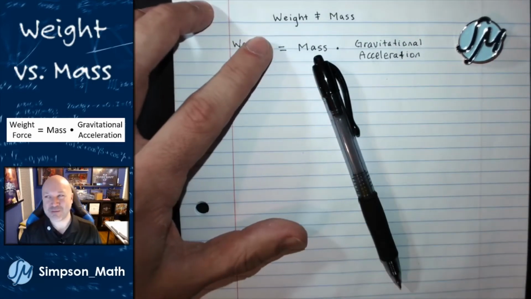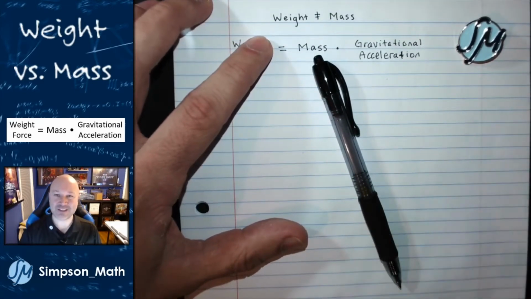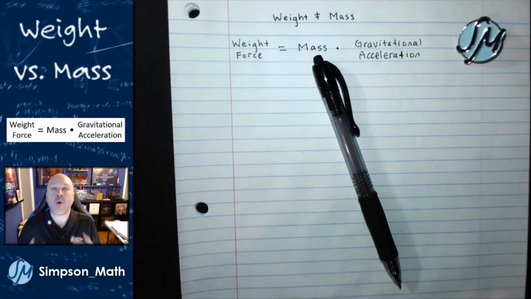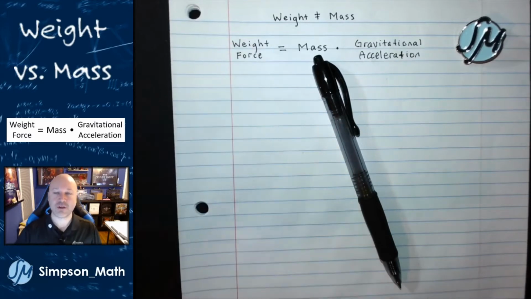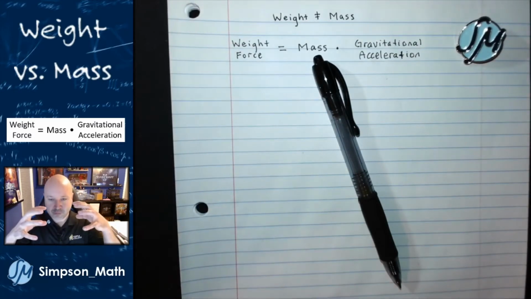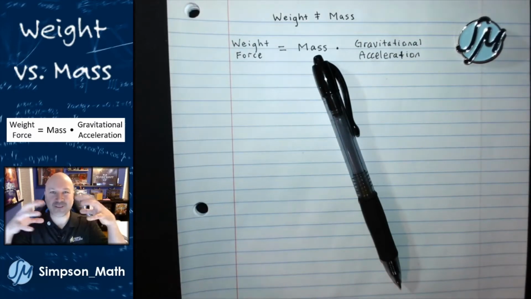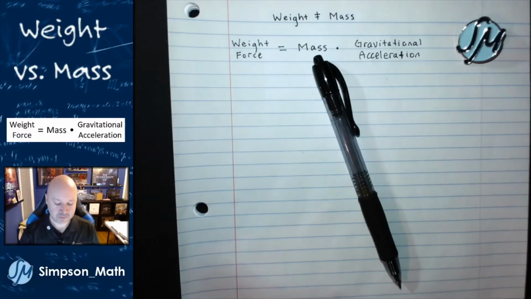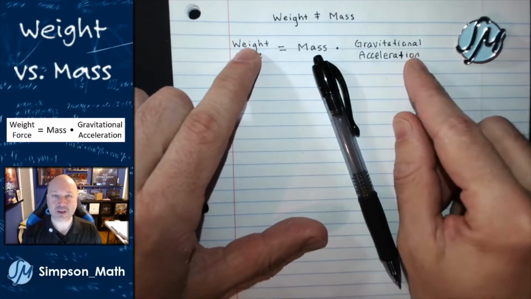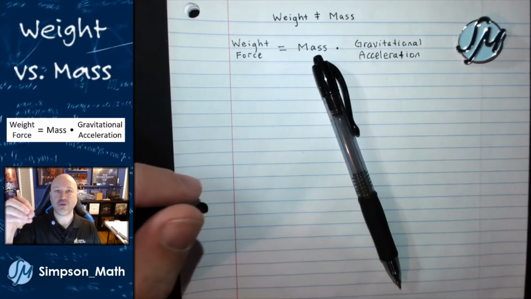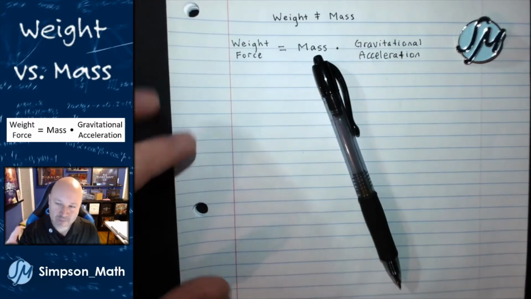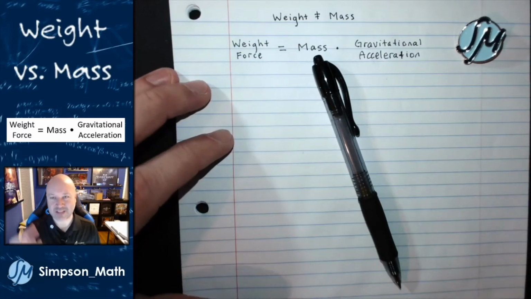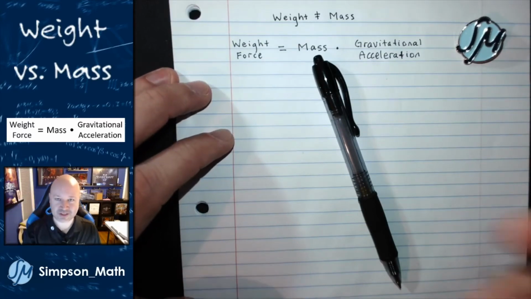It's also a measure of inertia, but I think of mass as just our quantity. Weight is a force. We are being pushed onto the earth. It's a weight force. And gravitational acceleration is when you drop an item, the free fall, basically how fast it falls toward the earth.